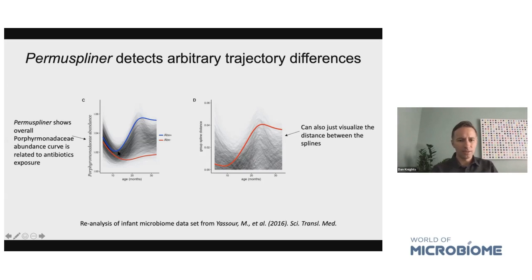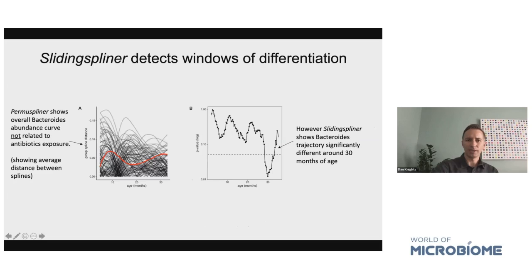So the average trajectory in the antibiotic exposed infants is shown with this solid curve on top, and then the average in the non-exposed group is shown at the bottom. You can see in the background all of the splines that were fitted to the data when you permute the class labels. And this is highly significant. You can also just visualize the distance between the groups over time. That's what's shown on the right. So that was a new finding on those data.